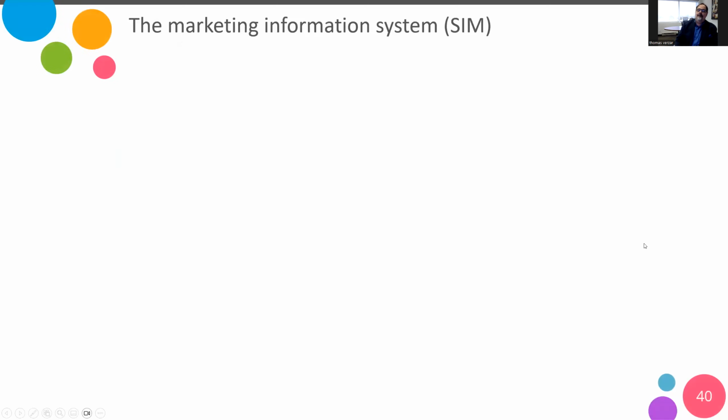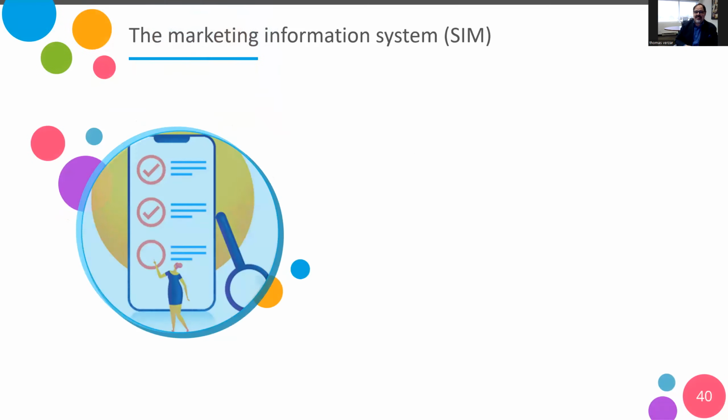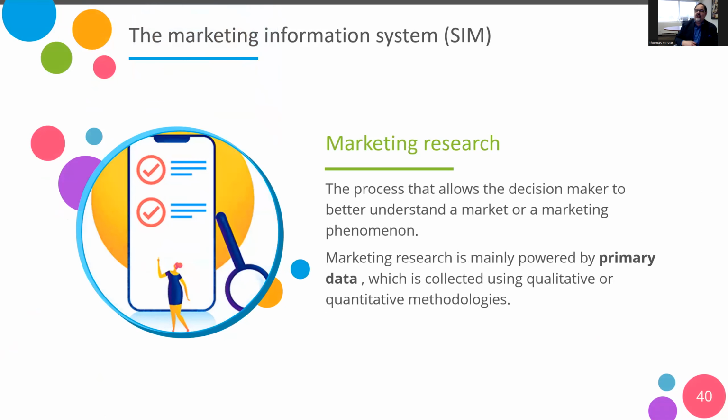Now, if you don't have all of this information, and you need information for a very specific mandate, you may have no choice but to do what we call marketing research. Now you are looking for, as I mentioned before, the other big category, primary data. So this is information that you are collecting for the very purpose of the problem that you're trying to solve.